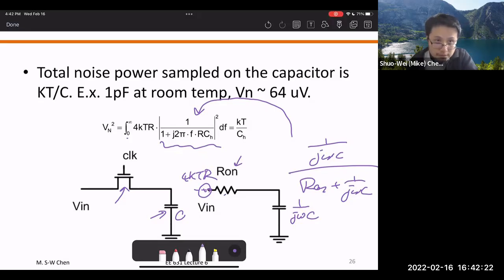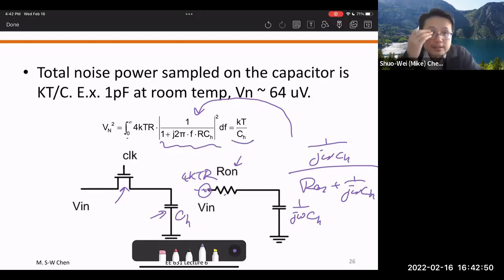Then we come down to R and C, and we don't need to derive this. I think we went over that in 526A. It turns out that the R cancels out, so it's independent of the resistance, and it just comes down to kT divided by C. This C, I should call CH, the sampling capacitor here. So it's kT over CH.